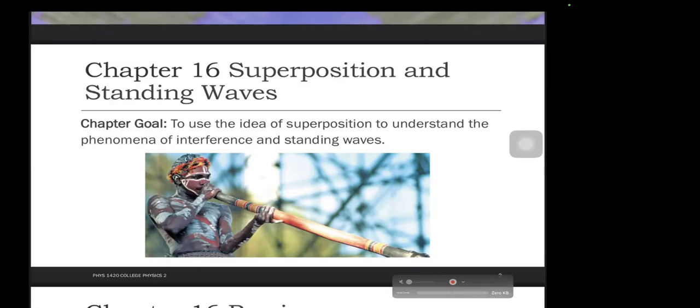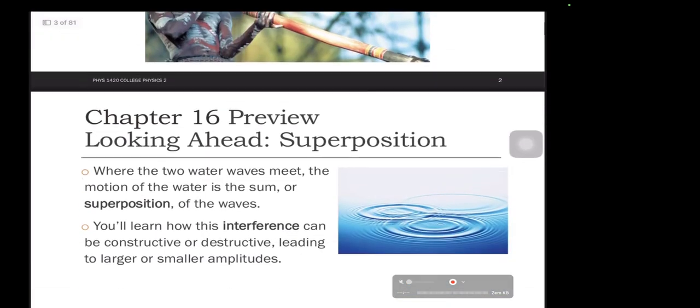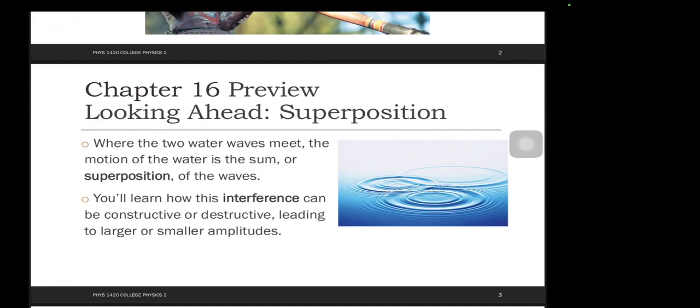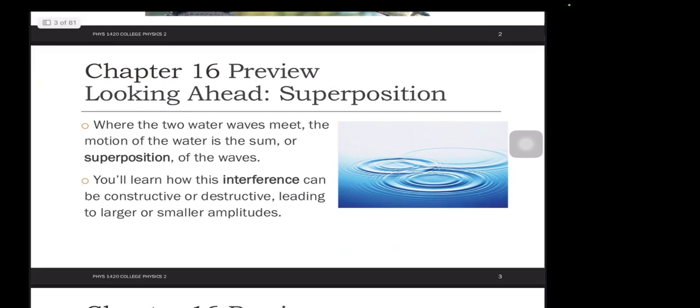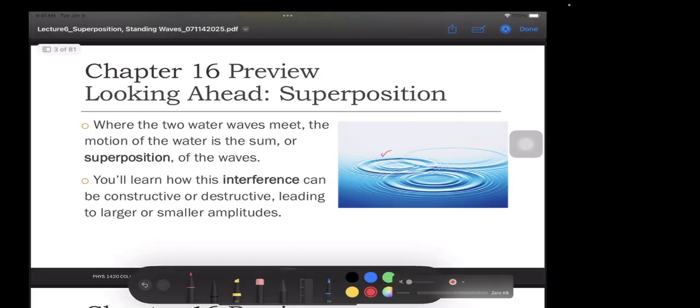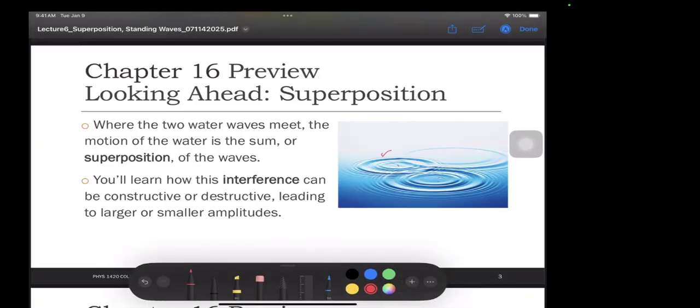Okay, let's try to preview, looking ahead at some terms. Firstly, we will learn superposition. I don't know if you guys noticed that when two water waves meet, there is this source, and this is the source. Actually, there is another one, but we can ignore that one. When two water waves meet, the motion of the water is the sum, or we call it the superposition, of the waves.